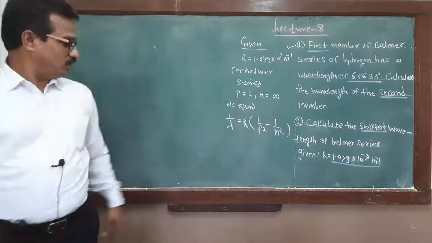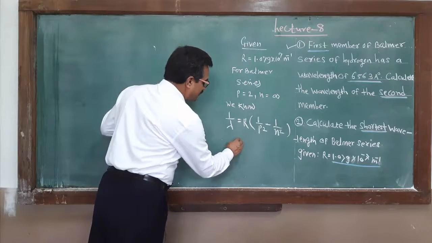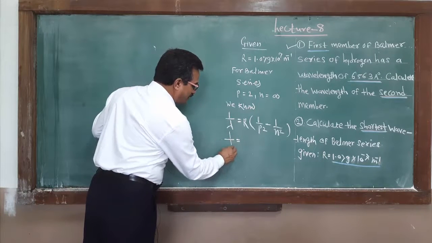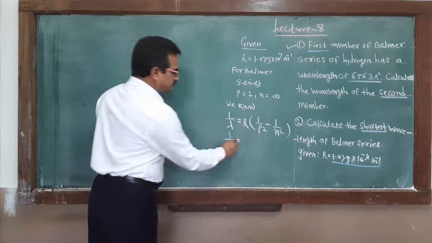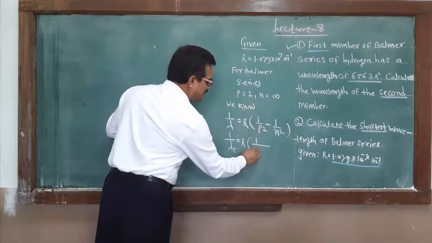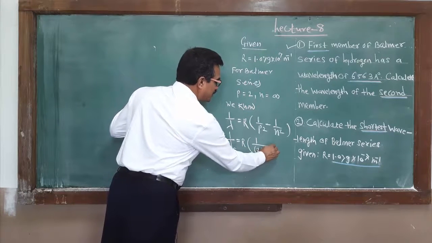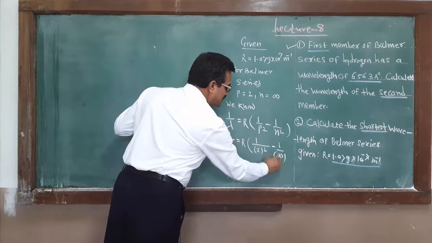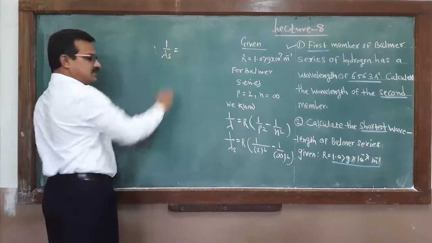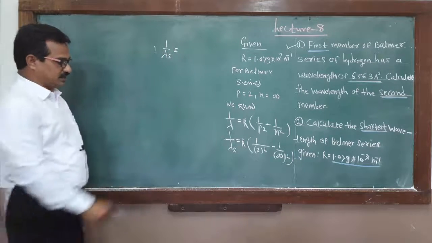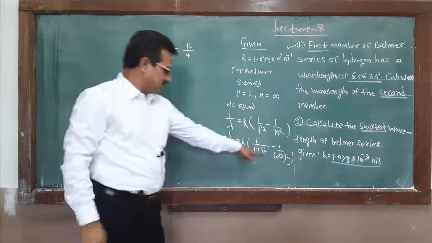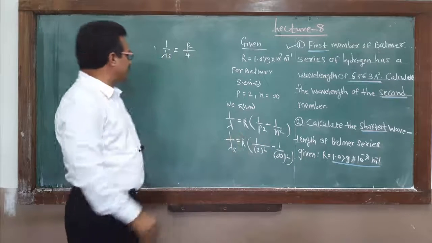Substituting the values for the shortest wavelength, 1 upon lambda s is equal to R in bracket 1 upon 2 square minus 1 upon infinity square. Therefore, 1 upon lambda s is equal to R divided by 4, because the second term is 0.